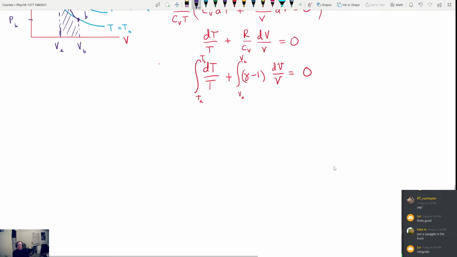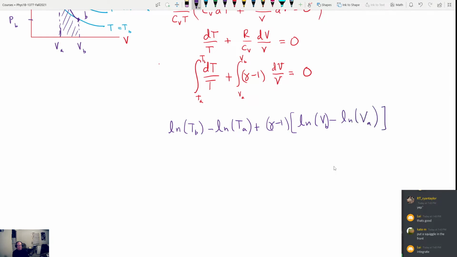So for the first term, we're going to get the natural log of TB minus the natural log of TA, plus gamma minus 1 multiplied by the natural log of VB minus the natural log of VA.